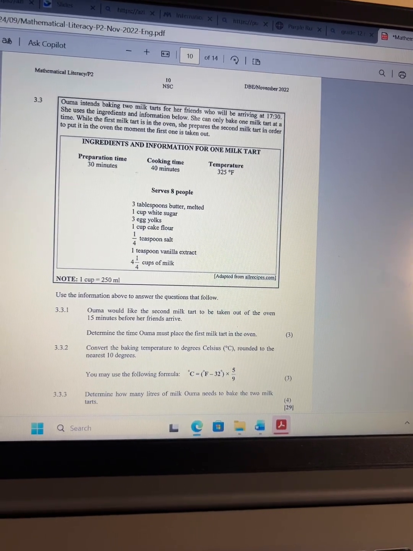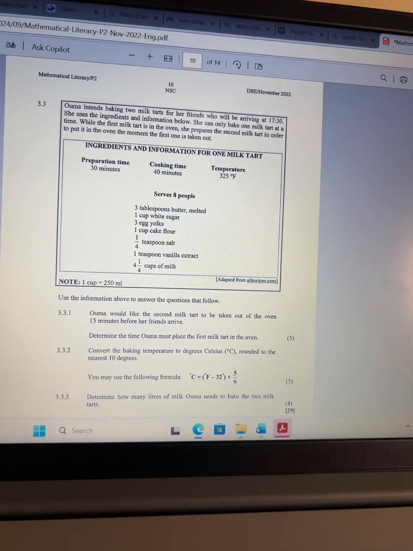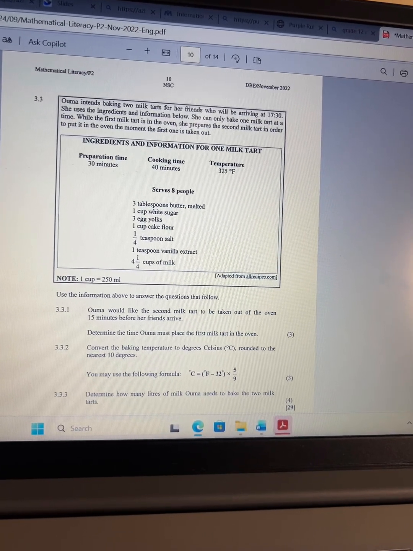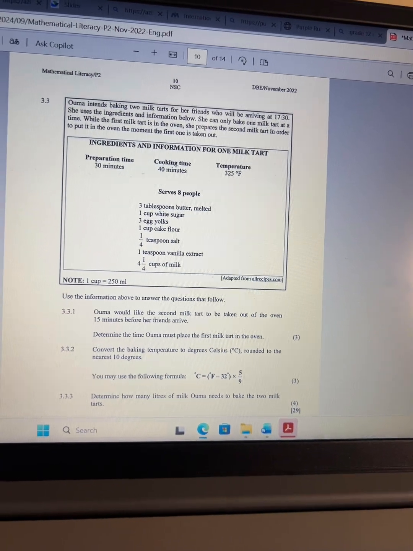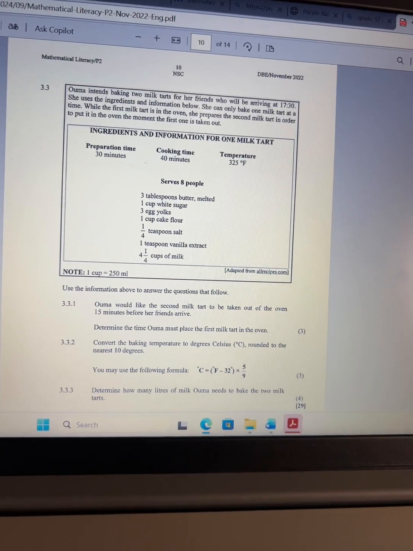In order to bake that tart, it's 40 minutes.